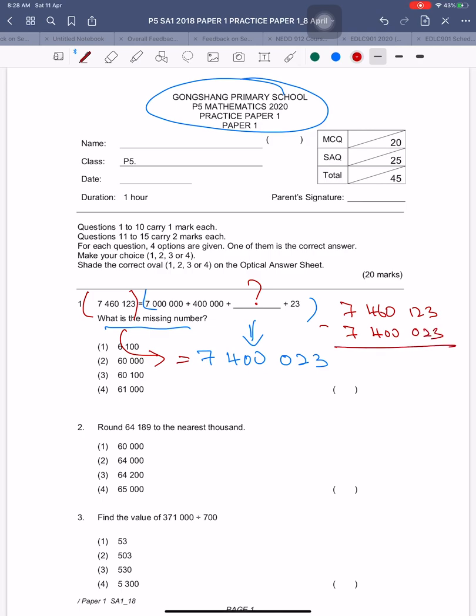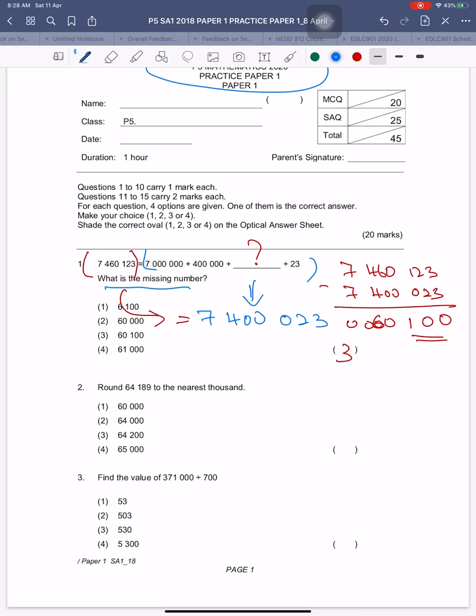Okay, get the number on the left minus the number on the right. Sorry, I made a mistake. So the answer should be number 3, 60,000 and 100. Alright, so let's move on.